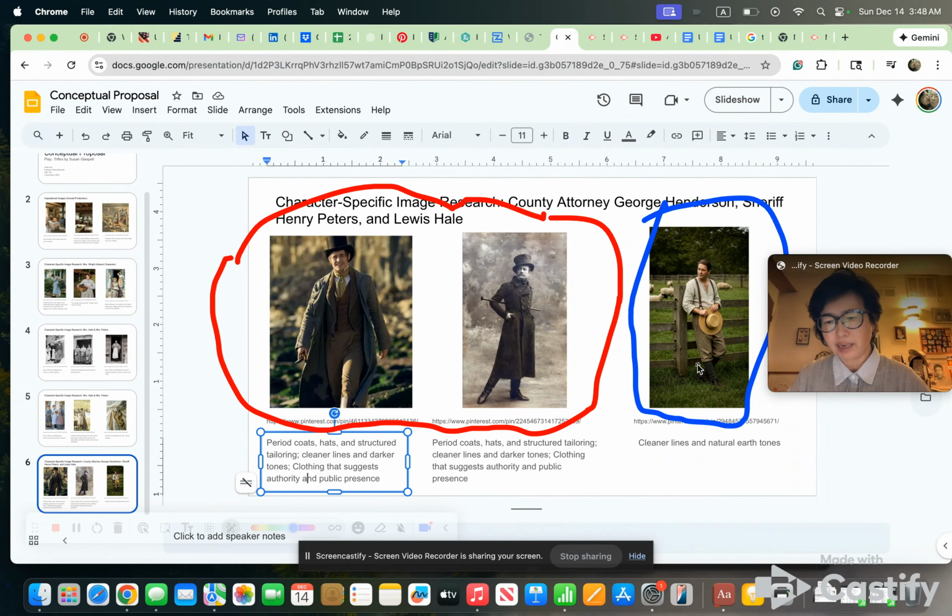He wears a hat often because of working on the farm. These contrasts between different classes visually support the play's theme of public power versus private labor.